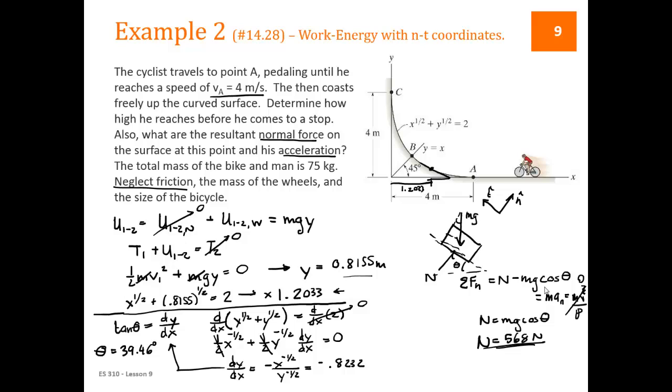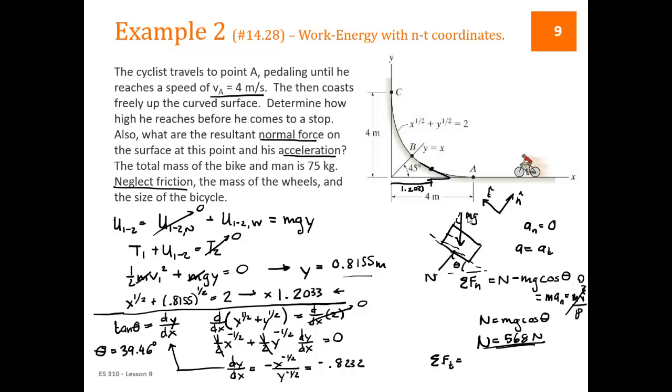How do we find the acceleration? Well, the acceleration has two components, right? One is the n component of acceleration, which we've already said is 0, because v is 0 at the point that it stops. And then our acceleration is going to equal the tangential part of the acceleration. We can find it by looking at the tangential force equation.